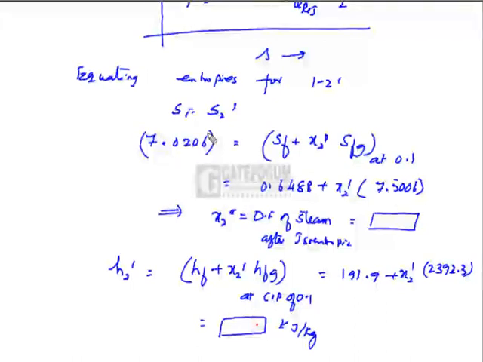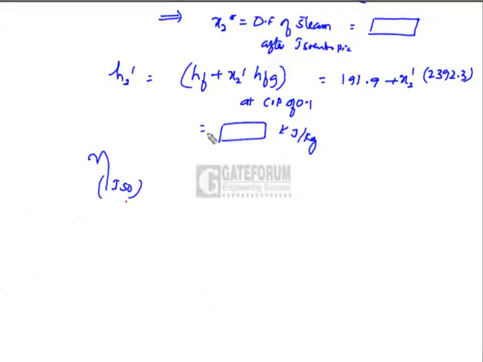Then, using the isentropic efficiency of turbine, which is defined as actual work output, that is H1 minus H2, divided by isentropic work output, H1 minus H2 dash. This efficiency was given as 0.9 in the problem.